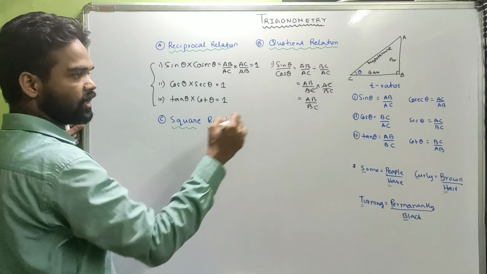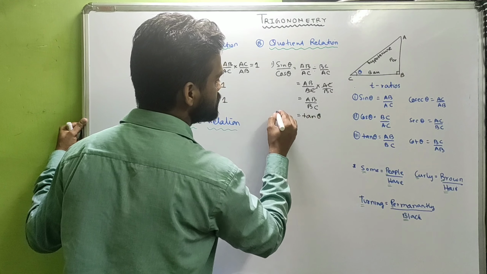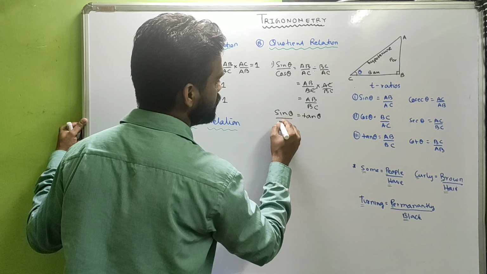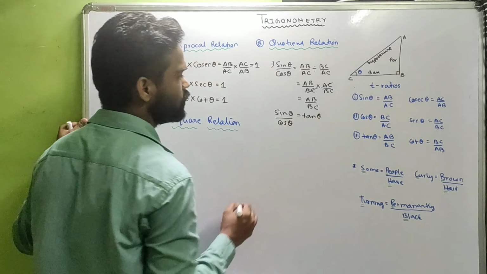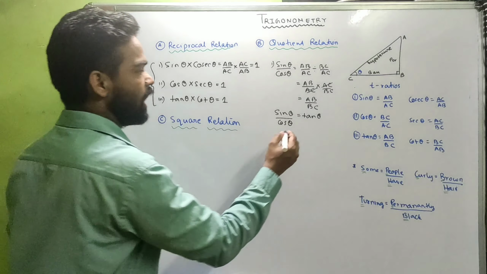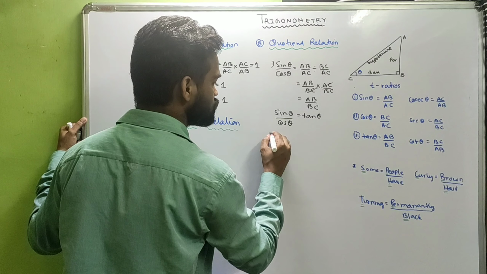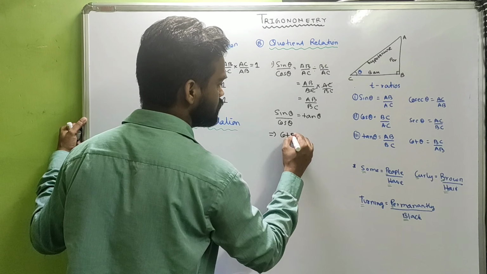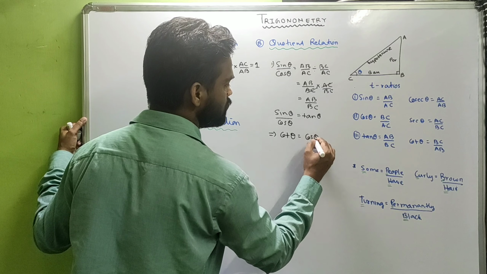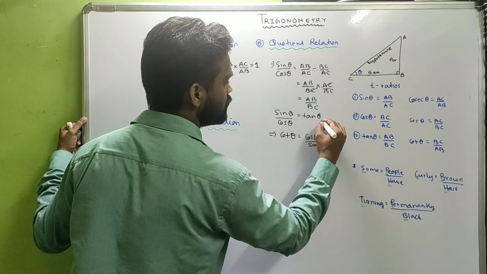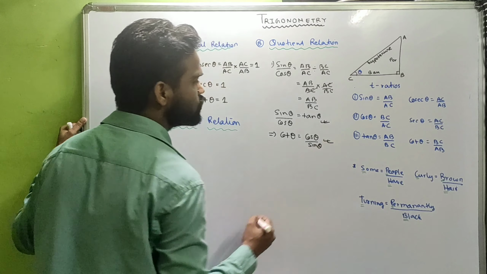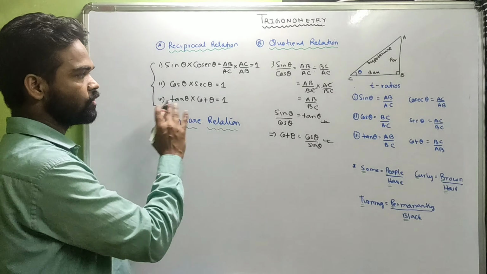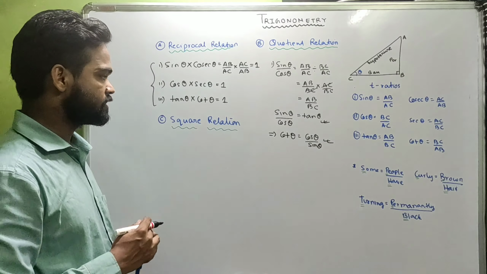And AB by BC is nothing but tan theta, which means sine theta by cos theta is equal to tan theta. And the reciprocal of tan is cot, which means cot theta will be cos theta by sine theta. So these two are my quotient relations. Remember these because these will help you while doing the sums.